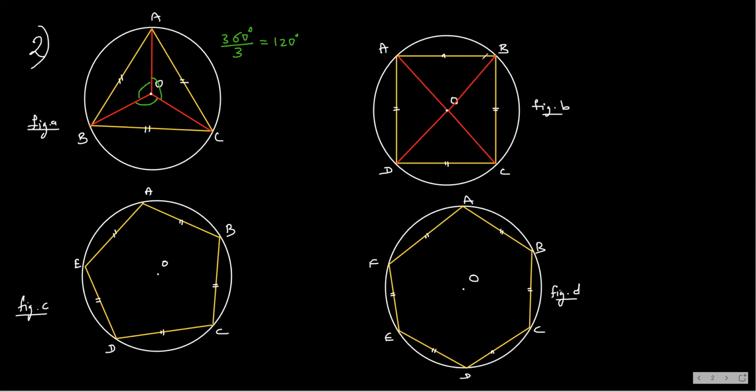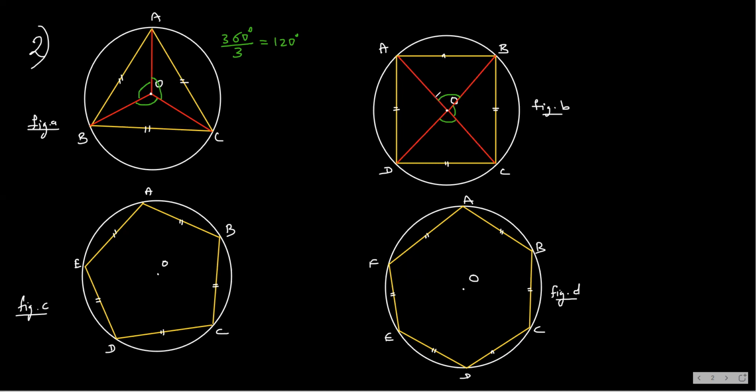Now, since these chords AB, BC, CD, AD are all equal, what will happen? The angles subtended by them at the center will also be equal. That is this angle, this angle, this angle, and this angle. These four angles are equal.